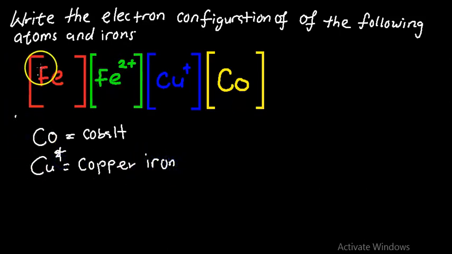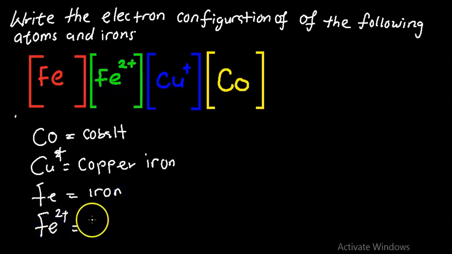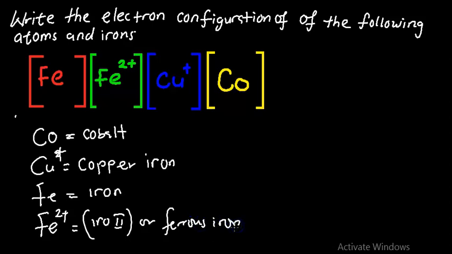In a situation where you're having Fe2+, this is simply going to be iron 2, or you can call it ferrous ion.